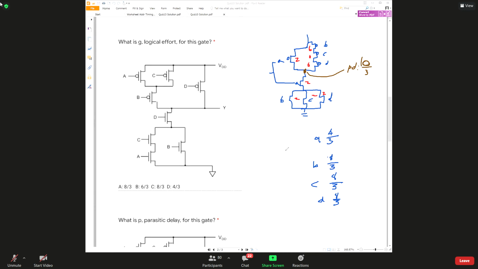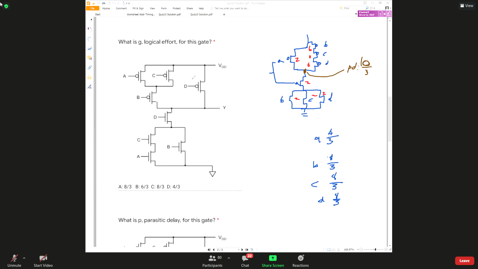Exactly. So in some sense, the logical effort has to do with, if someone's pushing you with a signal, how strong does that signal have to be to make changes on this gate? Remember a long time ago, I gave you an analogy. You have a bunch of gates standing in a row, and every one of these gates is going to try to push over the guy in front of it, and that's going to propagate forward.